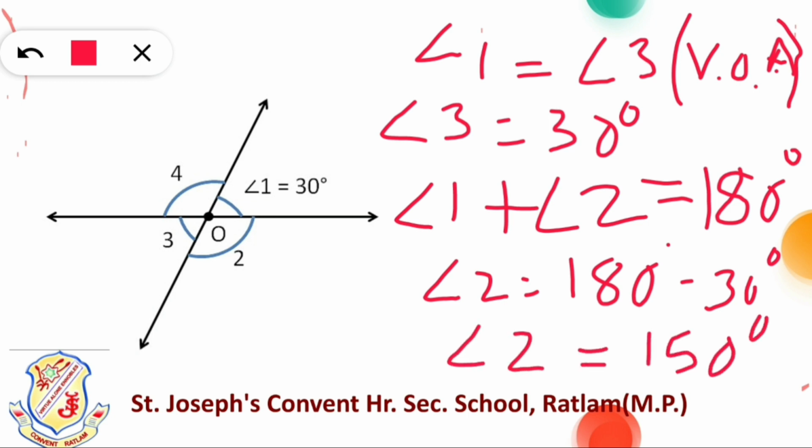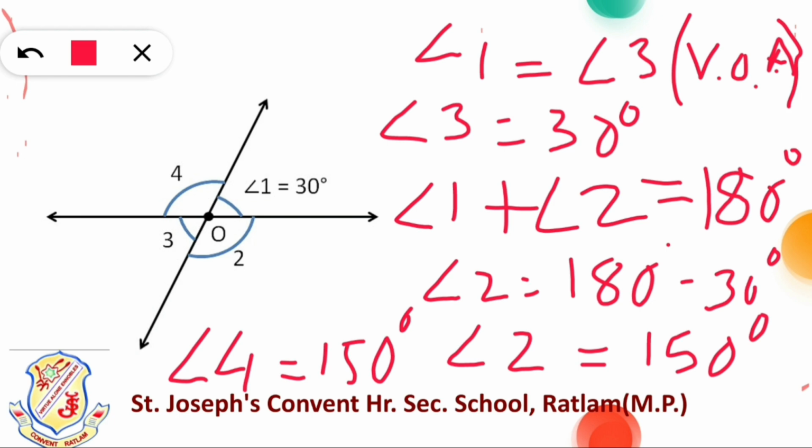And since angle 2 is vertically opposite to angle 4, angle 4 will also be equal to 150 degrees.